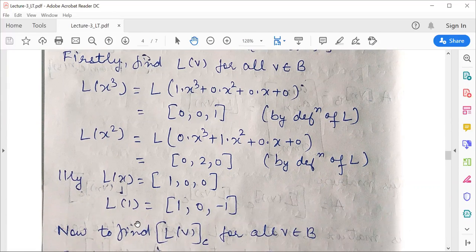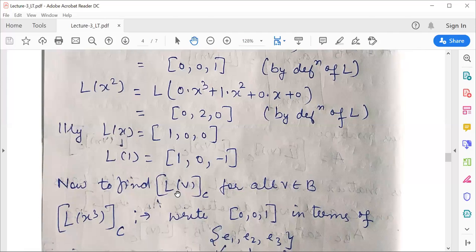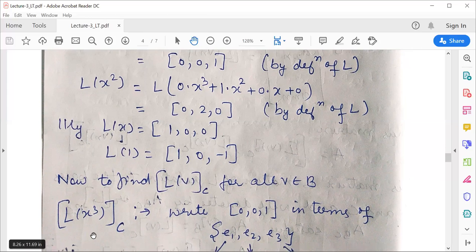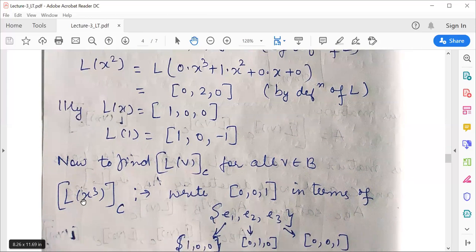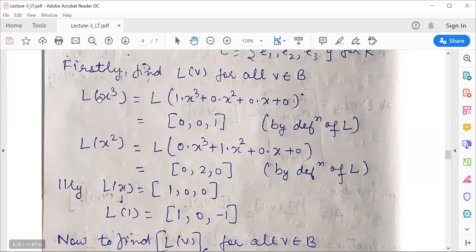Now, the next step will be finding the coordinate vector of L of V with respect to the ordered basis C, right? Because each and every coordinate vector for my single V will become a column of my matrix A_BC. Very firstly, we find the coordinate vector of L of x cube with respect to the ordered basis C, because my first element is L of x cube.